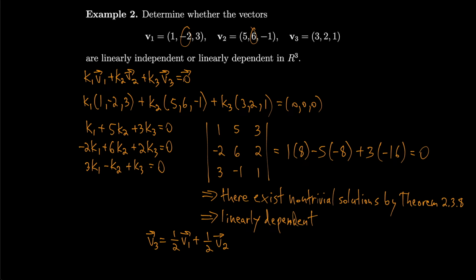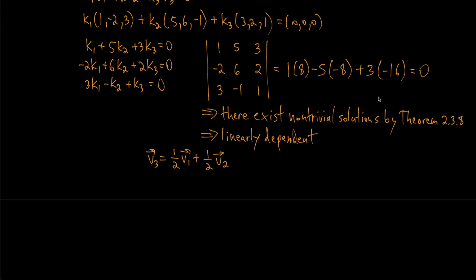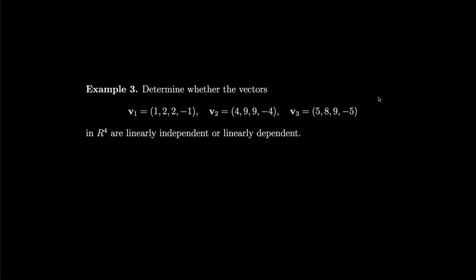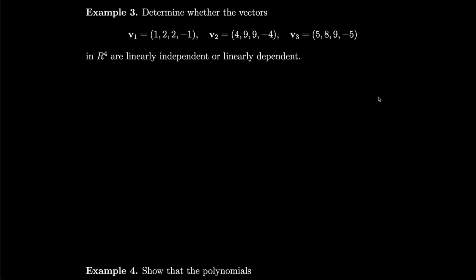Minus 2 plus 6 is 4, half of that is 2. And 3 minus 1 is 2, half of that is 1. So V3 is clearly a combination of V1 and V2. You just have to take half of each. You can't always just look at vectors and find a linear combination like this, though. If we had done this to begin with, we could have immediately shown that it was linearly dependent. Instead, we did brute force just in case, but if you manage to spot a linear combination, that's a handy shortcut.